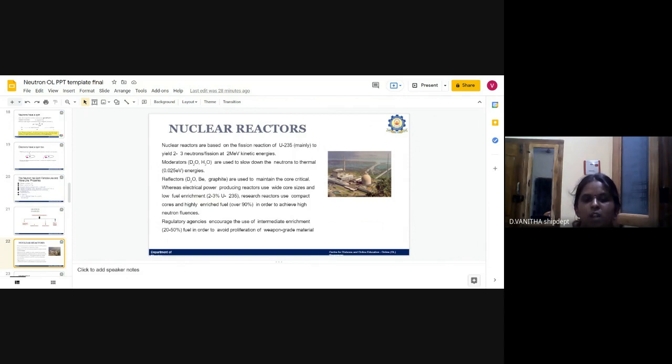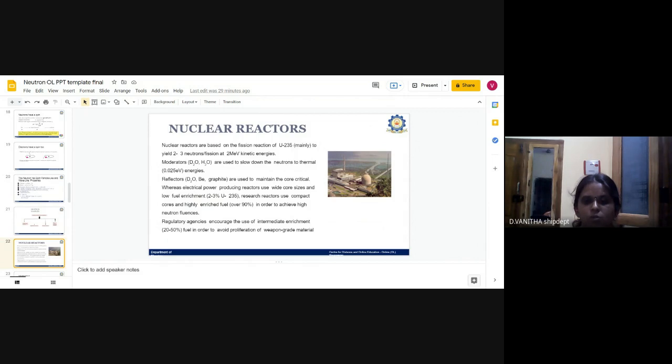Fission of uranium 235 yields 3 or 4 neutrons per fission at 2 million electron volt kinetic energies. In nuclear reactors, we use moderators, which slow down the neutrons to thermal energies.